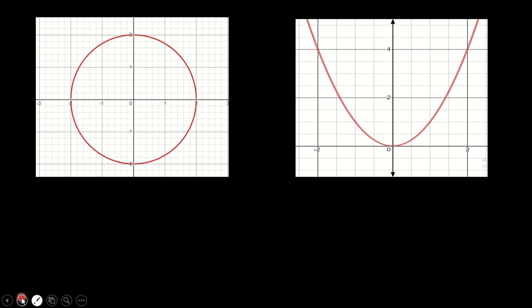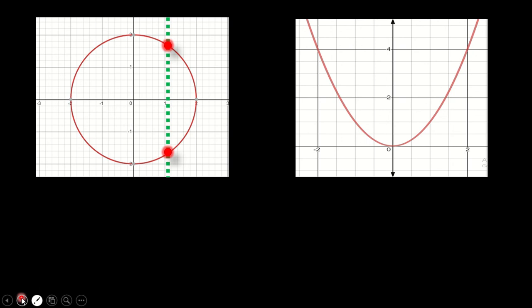Okay, so let's try. Given these two graphs, let's try to identify if each is a function or not. Here, the first one, the circle, let's draw a vertical line. As you observe, we have 2 points that intersect with the vertical line.